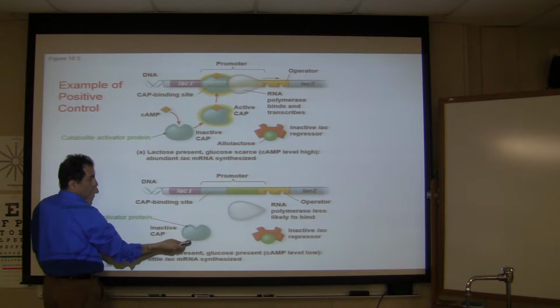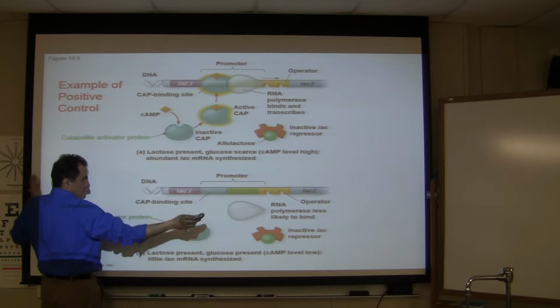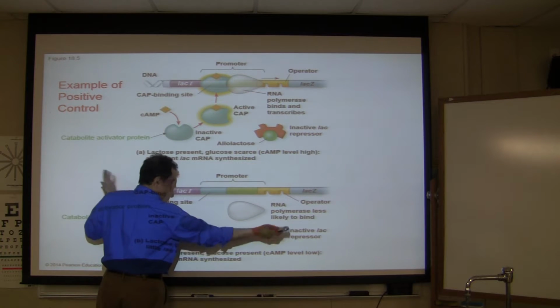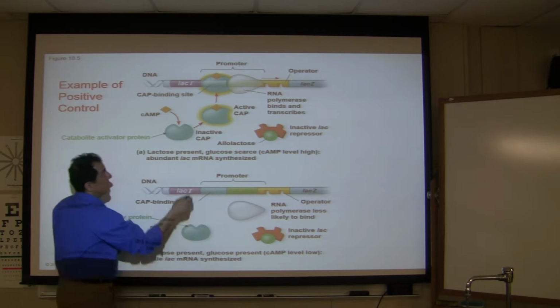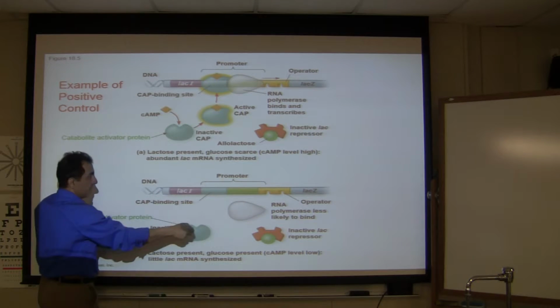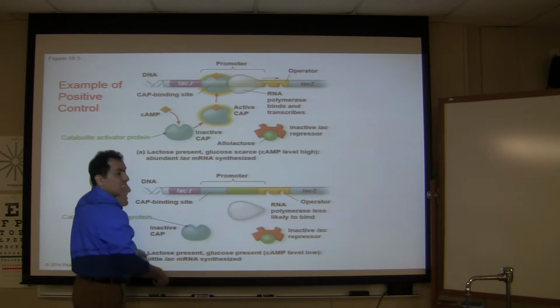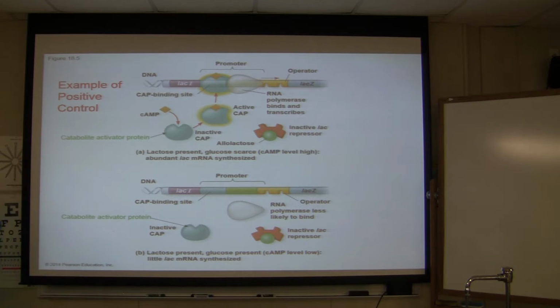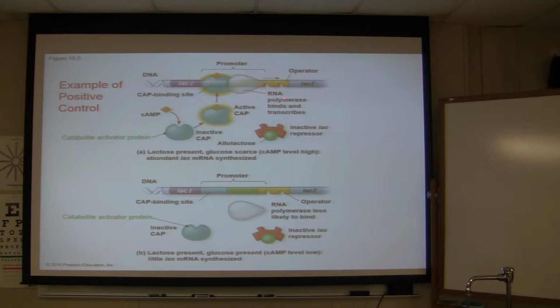So it's just there, and then of course you have allolactose here. This is not attaching to the operator. What happens? The RNA polymerase is not stimulated, does not go through the operon, so no protein molecules are being synthesized.